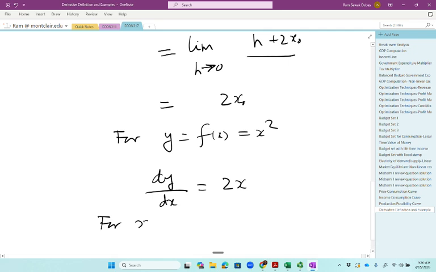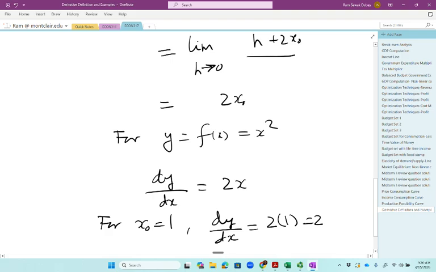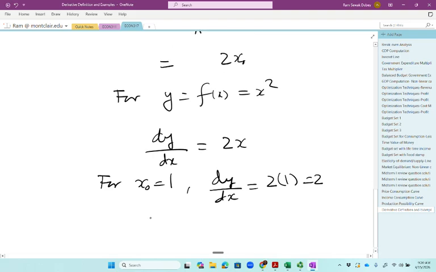For x0 equal to 1, the derivative dy over dx, 2 times 1, turns out to be 2. If I take x0 to be 2, I can do the same computation. The derivative dy over dx is 2 times x0, which is 2 now. So 2 times 2 turns out to be 4.